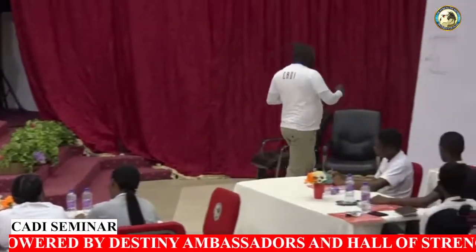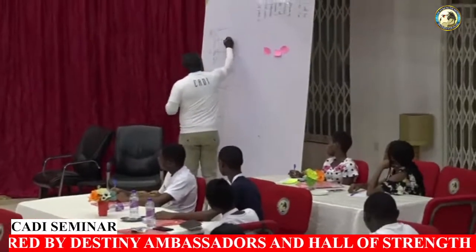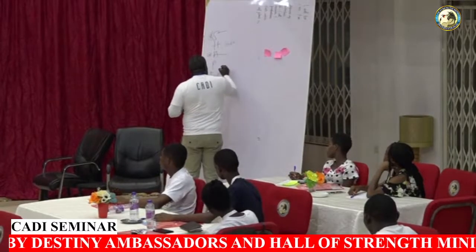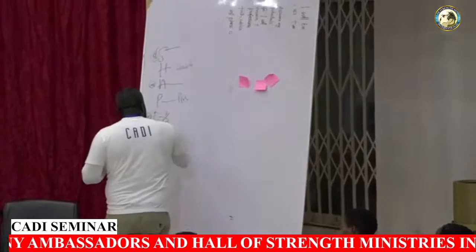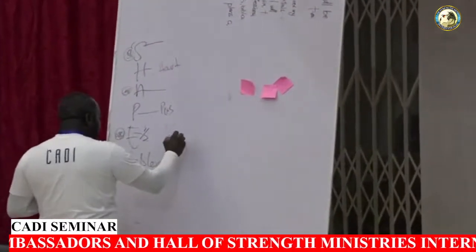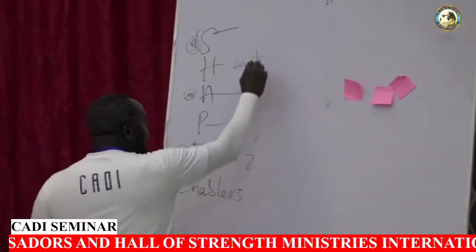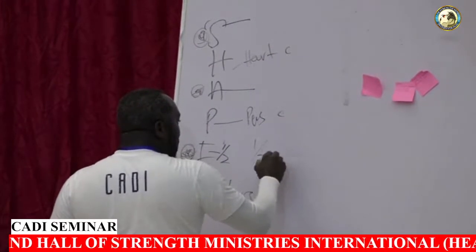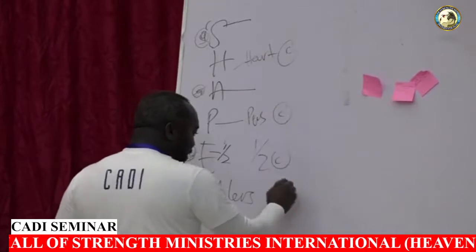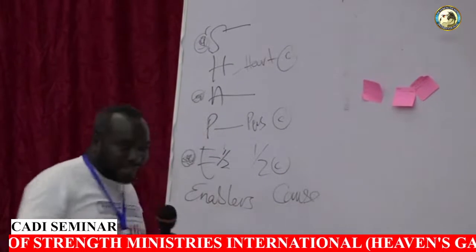The H and the P, which is your heart and your personality, and half of your experiences, they give you a cause. So we have a cause, something you want to live for.